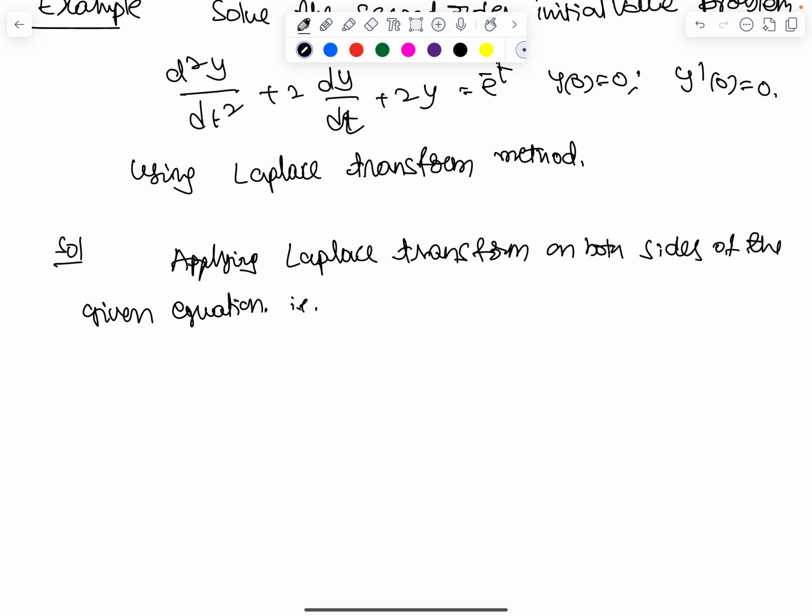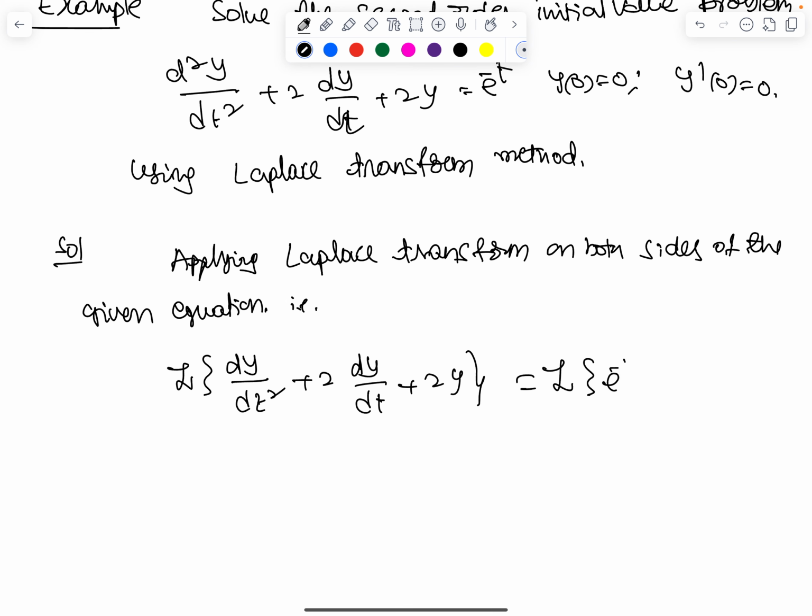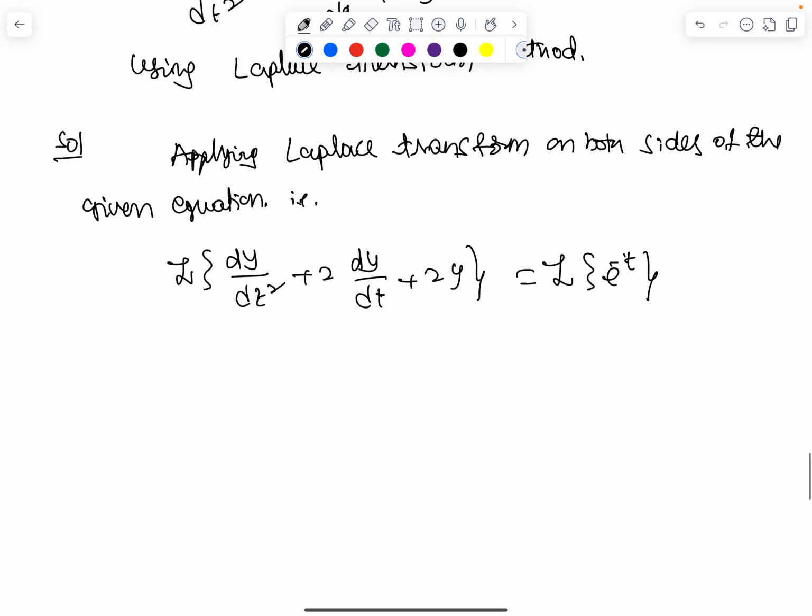So, you are applying Laplace transform on both sides, therefore, Laplace transform of d square y by dt square plus 2 dy by dt plus 2y. So, now since Laplace transform is linear, you can apply Laplace transform separately over each term.